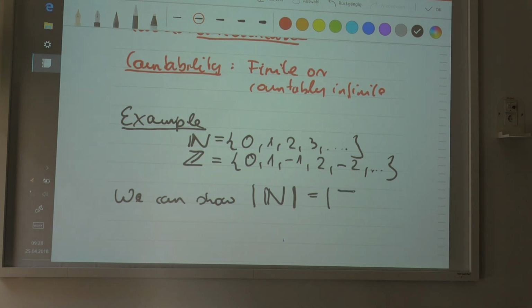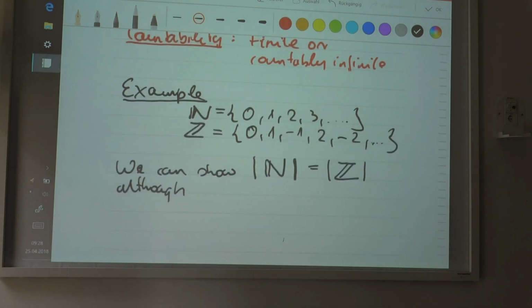So basically, you can see that the set of integers is countable. Both sets are countable, although the set of natural numbers is actually a strict subset of the set of integers. So you have to understand, and this is actually the proposition here, and I'm going to prove it.